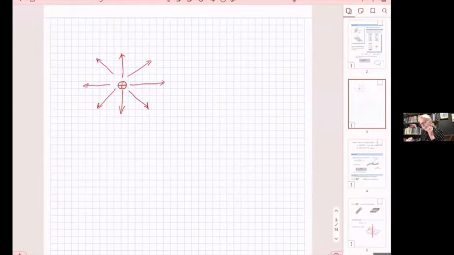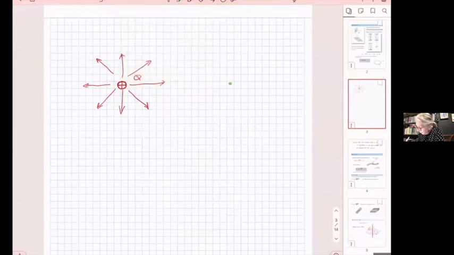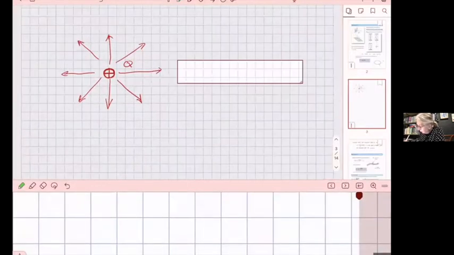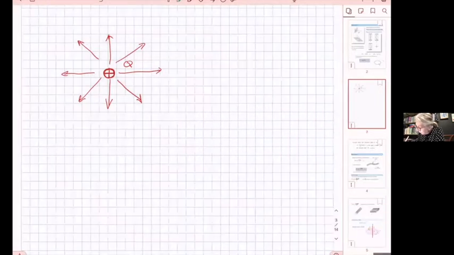electric force. So we said, if you have an initial charge like this, Q, and then you bring another charge near it, like this q, then this green charge will feel a force.